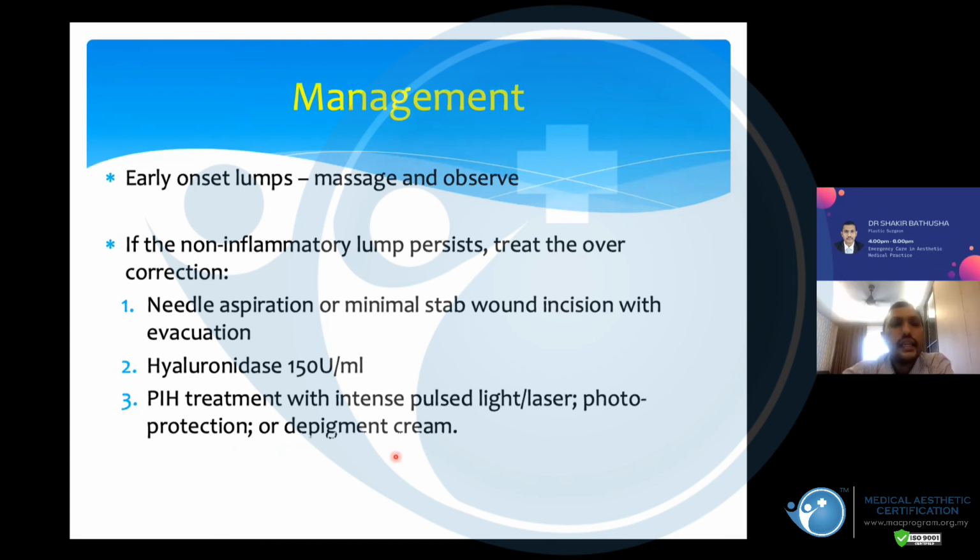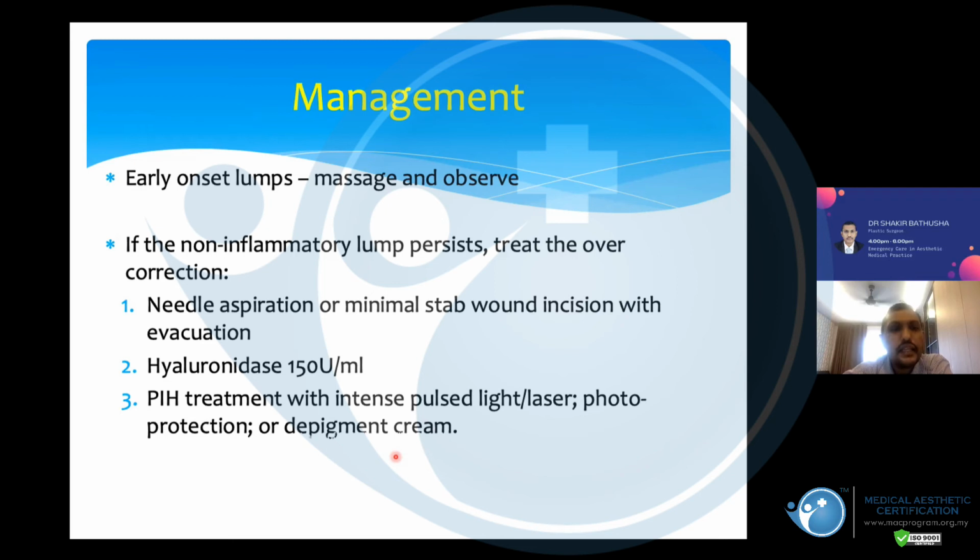If the lumpy, non-inflammatory lump persists and that area has been over-treated with fillers, you can do needle aspiration or a minimal stab wound using a size 11 blade, and you expel the fillers out. Or sometimes you can use about 150 units per ml of hyaluronidase to enzymatically degrade the hyaluronic acid.